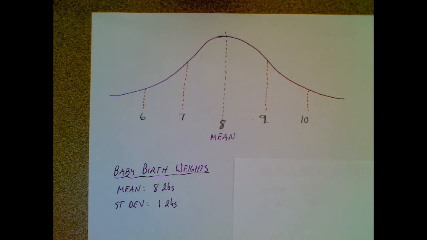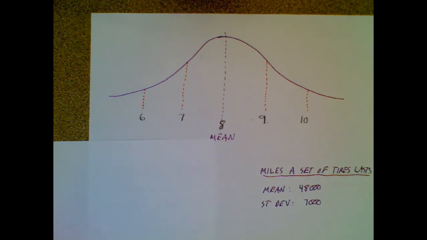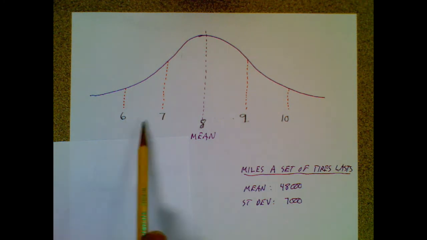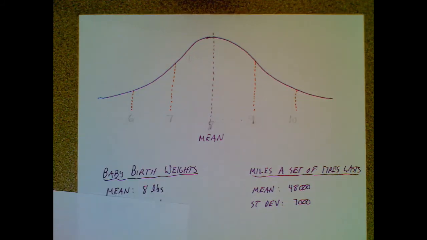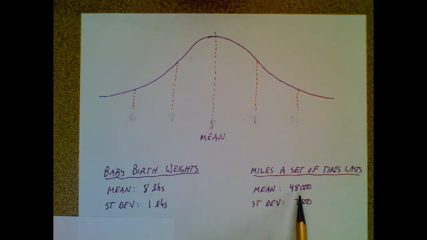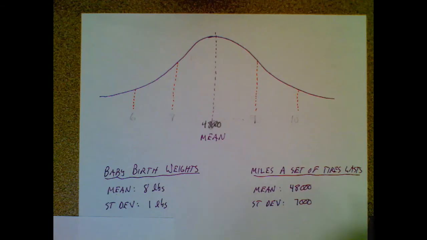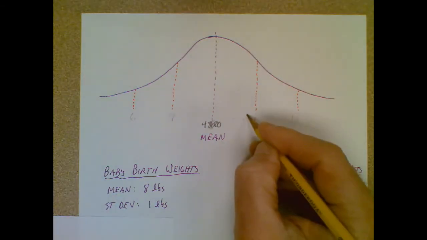But we can apply that to a different situation. Let's say a company is analyzing how many miles a set of tires will last a car owner. So the mean would be, in this case, 48,000, and the standard deviation would be 7,000. Now your normal distribution would look different. I've erased the previous example's data, and now we're going to say the mean is 48,000, and the standard deviation can help us.